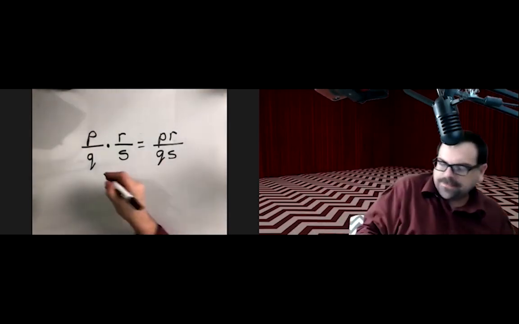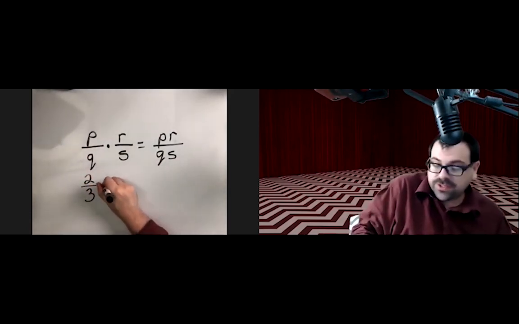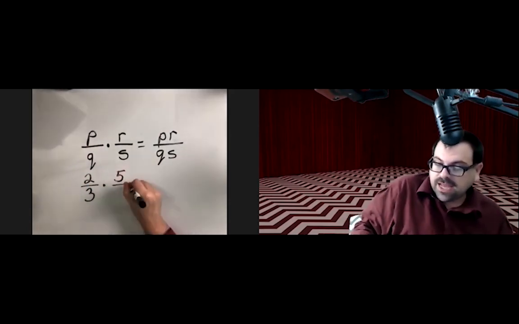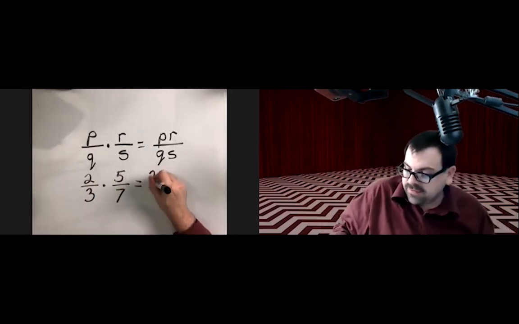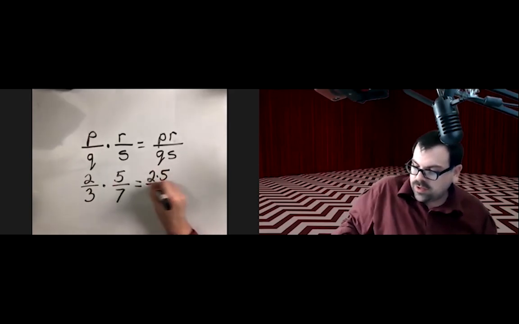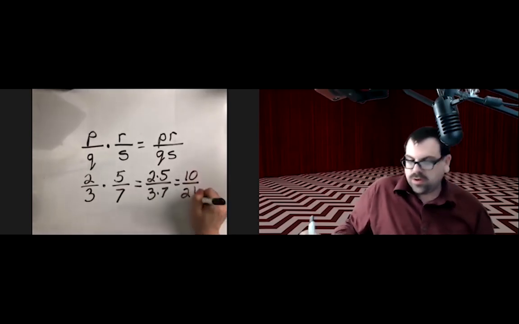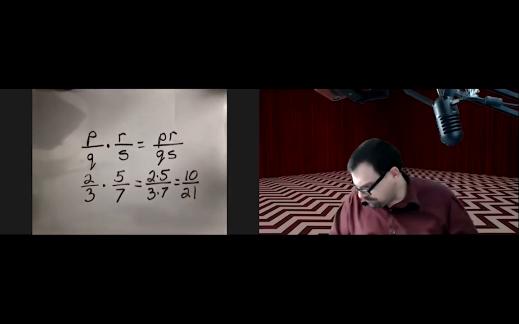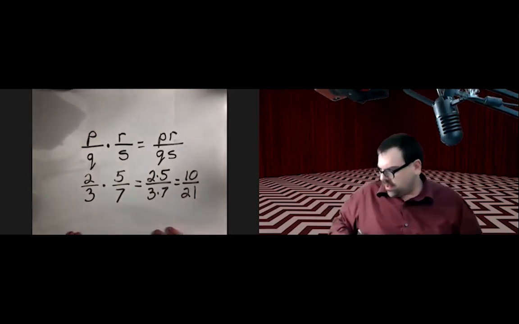For instance, if we had 2/3 times 5/7, this would be 2 times 5 over 3 times 7, which would be 10 over 21. That's multiplying without needing to reduce it at all.